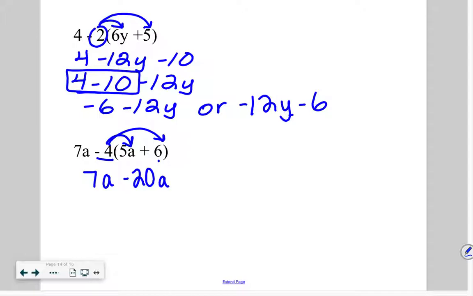And -4 times a positive 6? -24. Combine like terms. 7a take away 20a. -13a. Bring down your -24. And we are done. Questions on the distributive property?